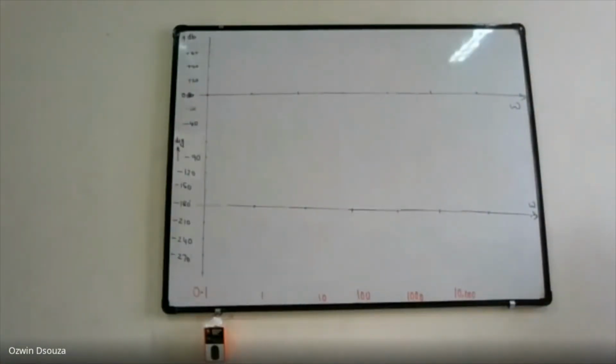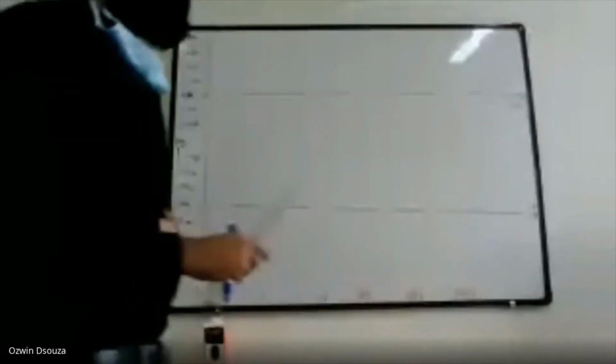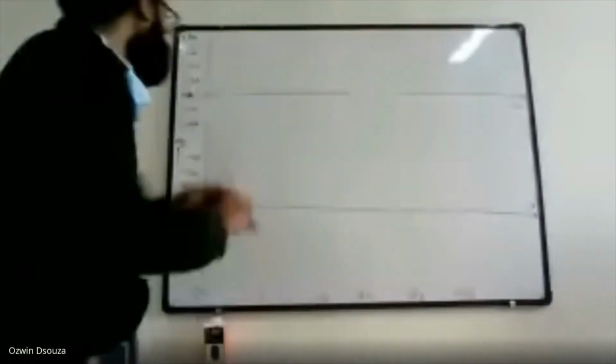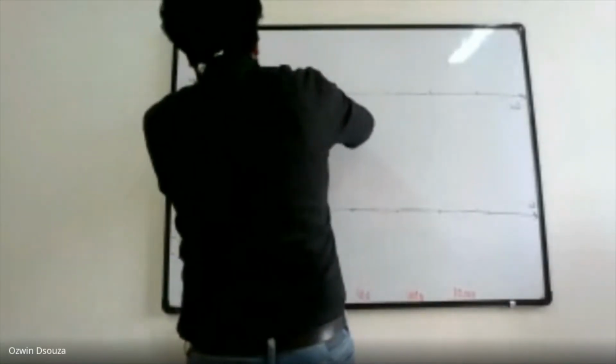To draw these lines, negative slope means a downgoing line. So if this is my one decade, and I connect 20 dB to the first decade, the thin lines are reduced.